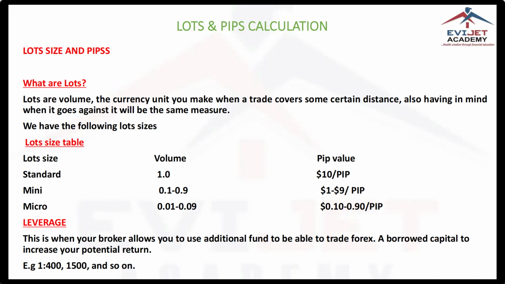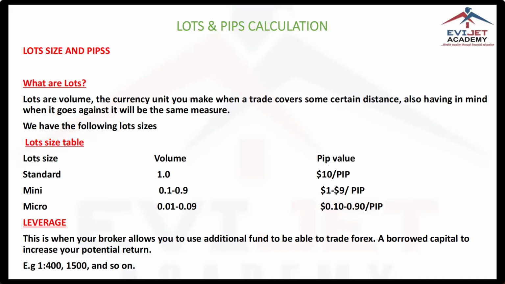What that means is that with 1:1000, you are entering the market with $1, and your $1 is seen as $1,000. That's 1 to 1,000.